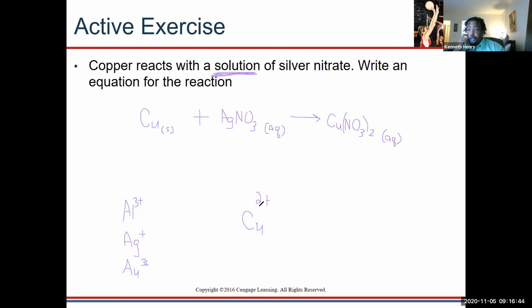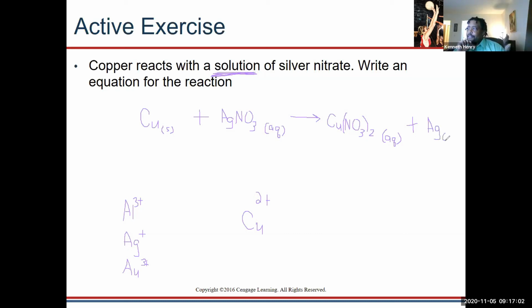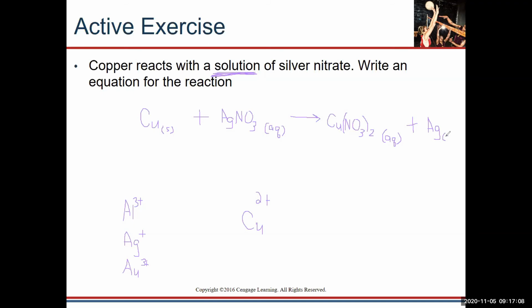And then what is going to be left over? Ag. Is that solid, liquid, or gas? It's a metal. Solid. That's correct.